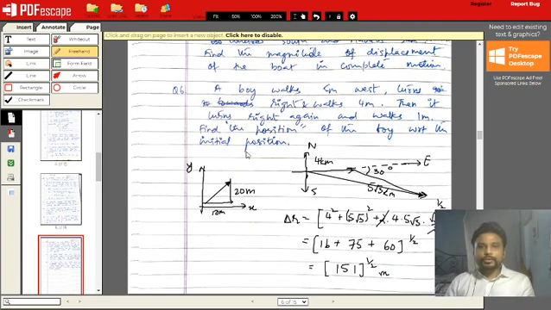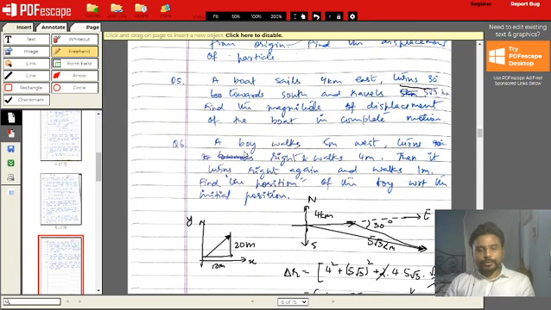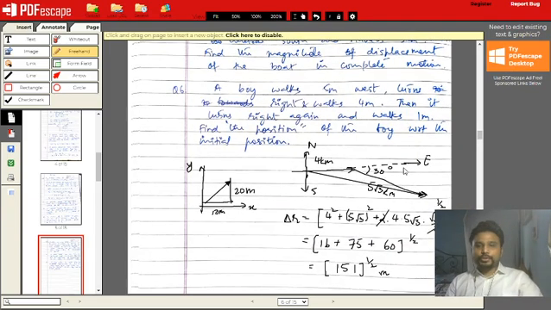Last question for this particular idea of displacement is that a boy walks 5 meter west. It turns right and walks 4 meter. Then it turns right again and walks 1 meter. We have to find the position of the boy with respect to its initial position.